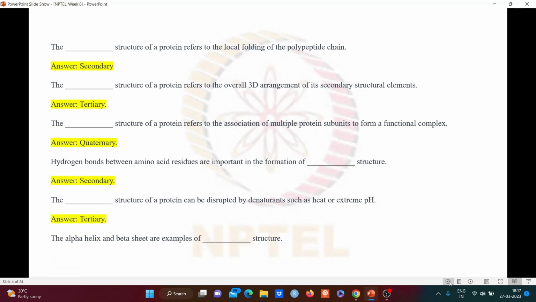Yes, it's the tertiary structure that gets disrupted by the denaturation methods. Next is, okay, a simpler question. The alpha helix and the beta sheets are examples of, this is the basic one, the secondary structure.